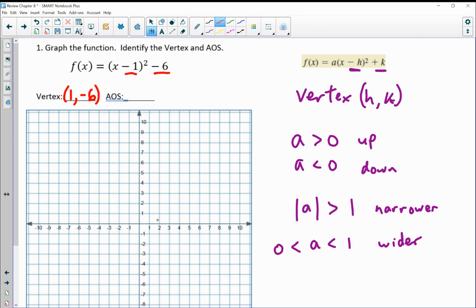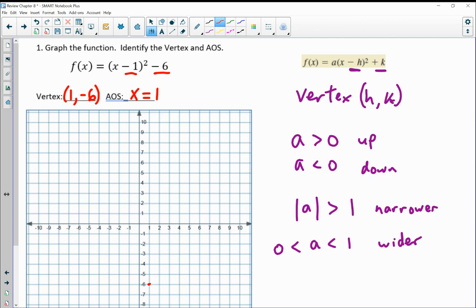So at (1, -6), we have our vertex. And the axis of symmetry would be the vertical line going through the vertex. A vertical line is in the form of x equals, so x equals 1.